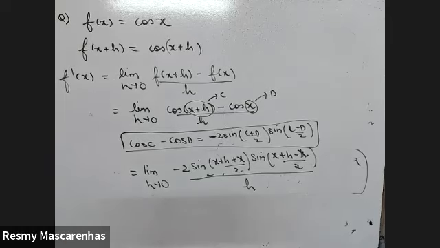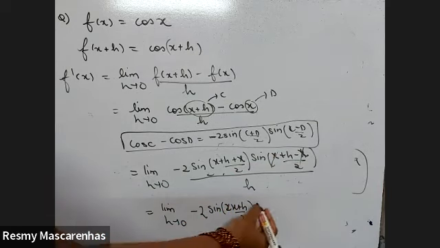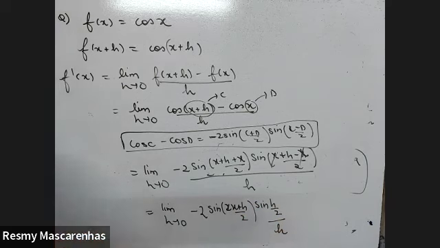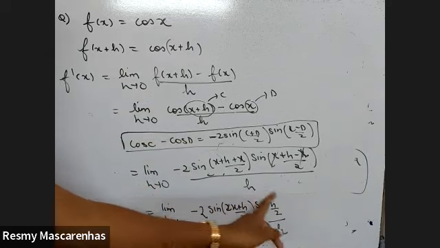X and x will cancel. Again, same like the previous problem, balance half here, make this the same.